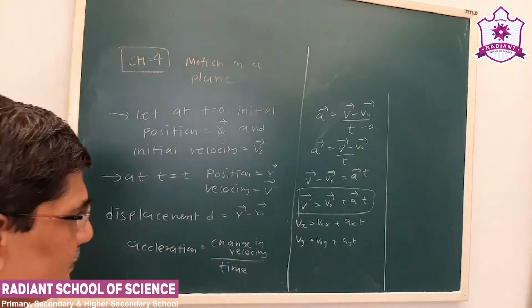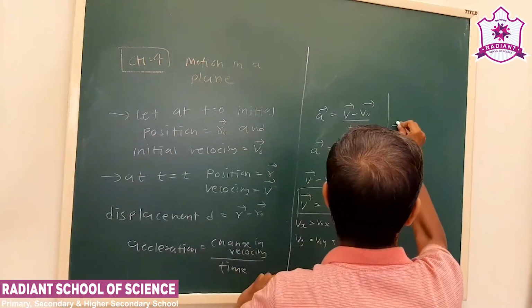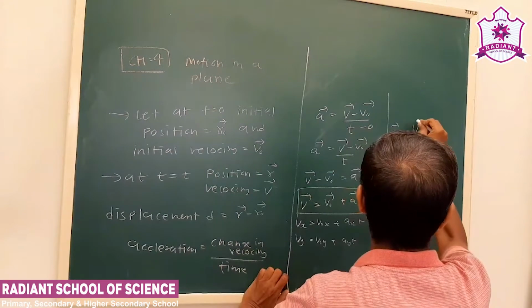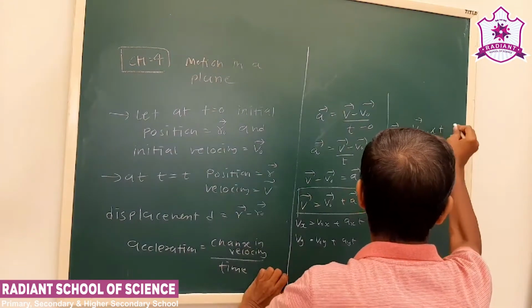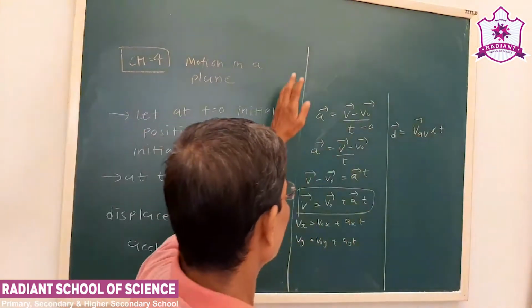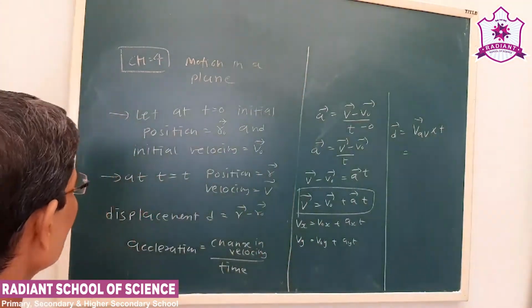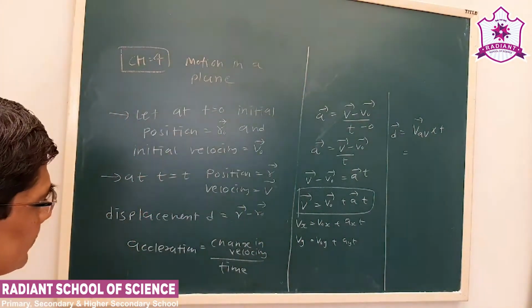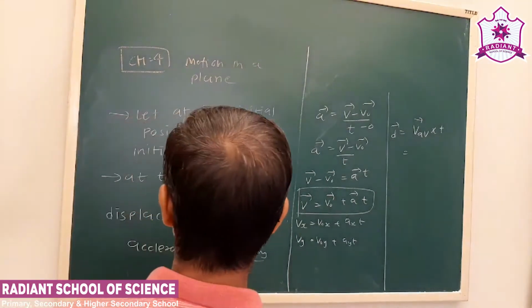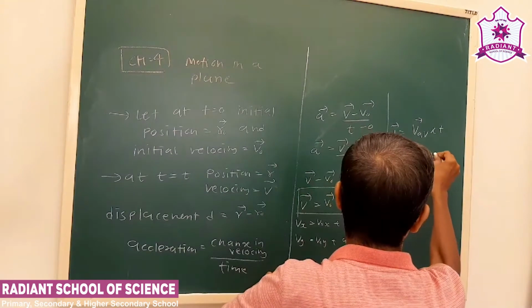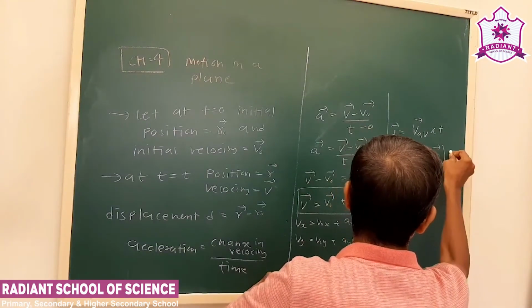Now the displacement d is average velocity into time. Now what is average velocity? Here the motion is with uniform acceleration. So average velocity will be v plus v0 by 2.